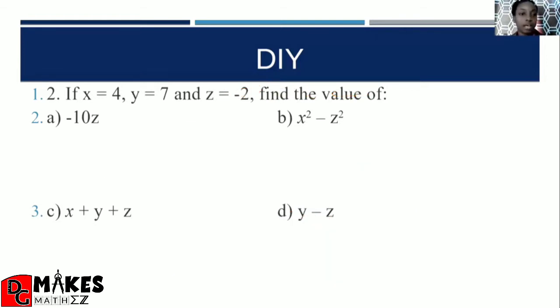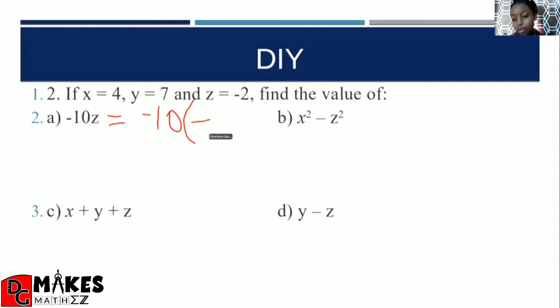So this now says if x is equal to 4, y is equal to 7, and z is equal to negative 2, find the value of. Be careful, because some of you forgot that z is negative 2 and you actually substituted 2. So here we go. Negative 10z, that's going to be negative 10 times z, which is negative 10 times negative 2.